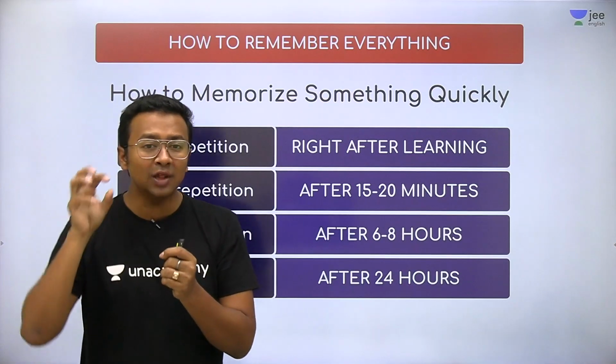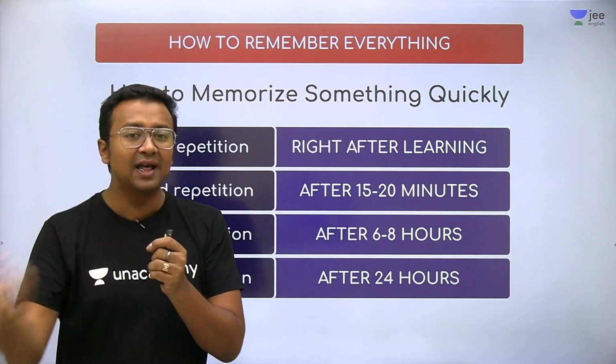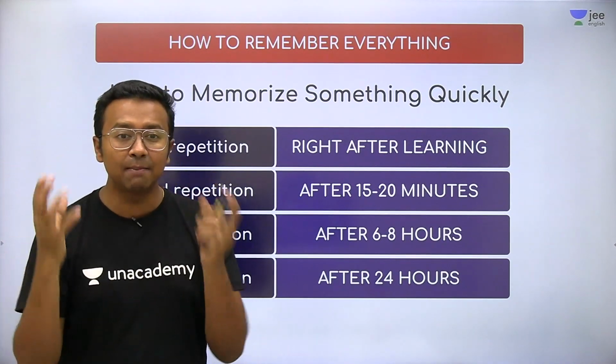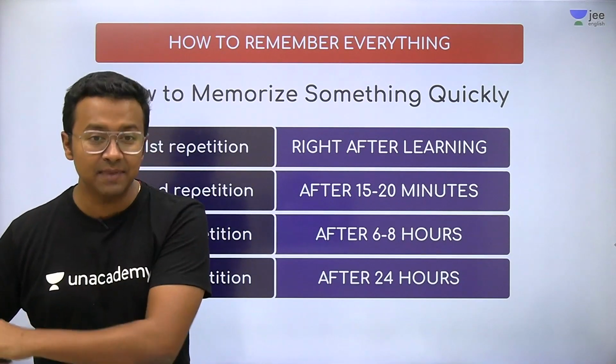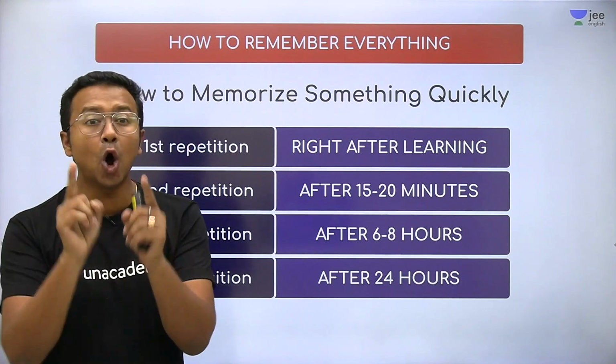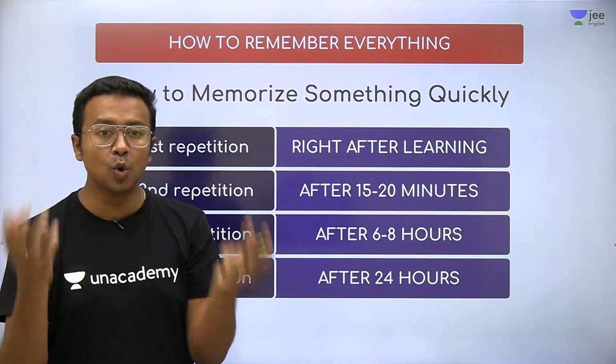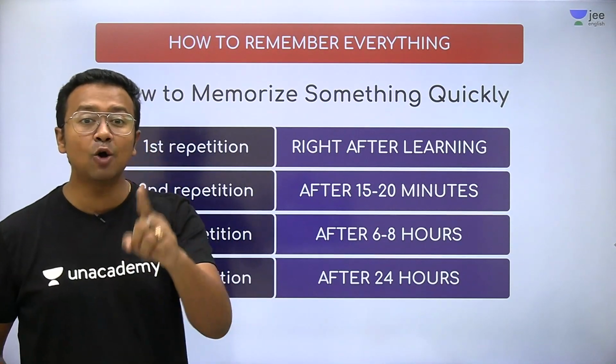If you do not recall that piece of information, the data that you have fed into yourself, the brain knows that it is of no use. I'm going to put it into the recycle bin. The brain does it automatically for you. You don't even know that. So what is important? Recall is important.